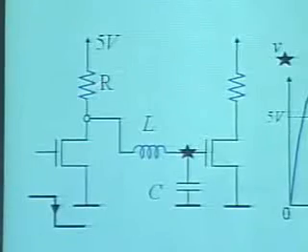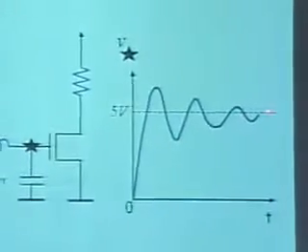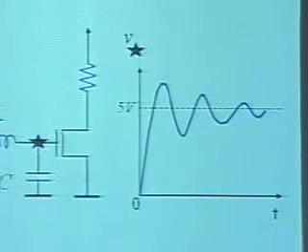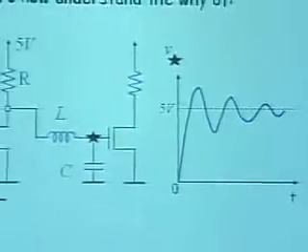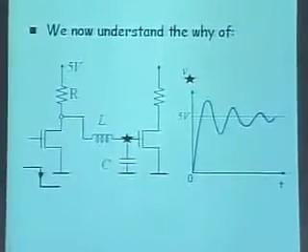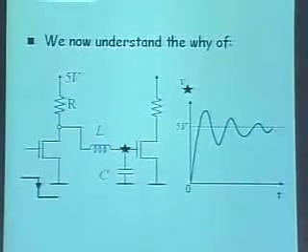And because of this resistor, the energy eventually dissipates, and you end up getting a final value which corresponds to the 5 volts appearing here. And why is that? That's because, remember, the capacitor is a long-term open for DC. So it's a DC voltage.